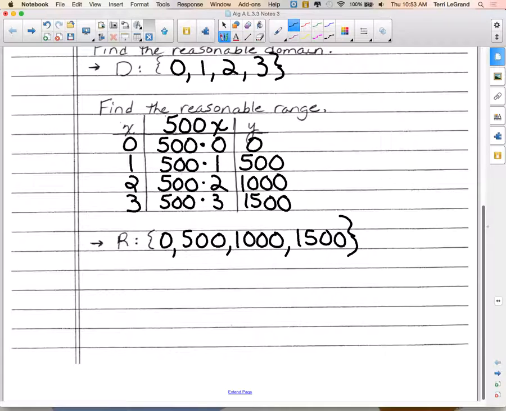So what's another one, Seth? 3, 1,500. So ordered pair 3, 1,500. Adam, what's the last one? 0, 0. We have 4 ordered pairs. This is a relation. Okay, now is it a function?